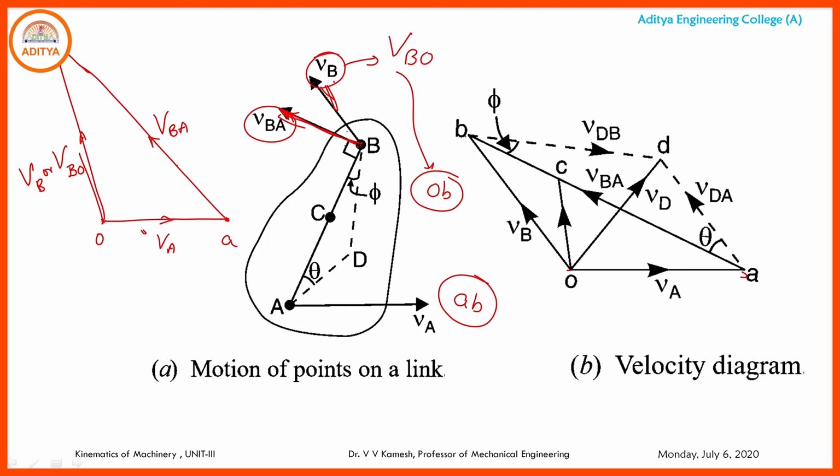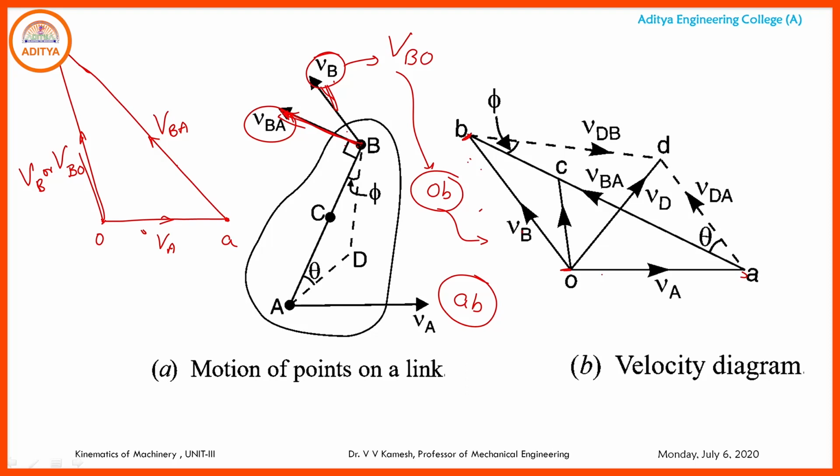When I take the scaling of VA onto the chart, the same scaling we apply to get the magnitude of B. So OB will be the magnitude of this chart length OB, whatever the scaling. It may be 1 meter per second equal to 1 mm, or 1 centimeter, or 10 centimeters. Based on the scaling, the same scaling of OA is applied to OB, and then the magnitude of VB can be known to us.